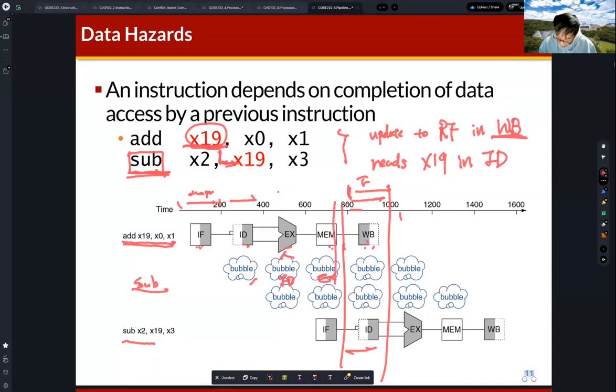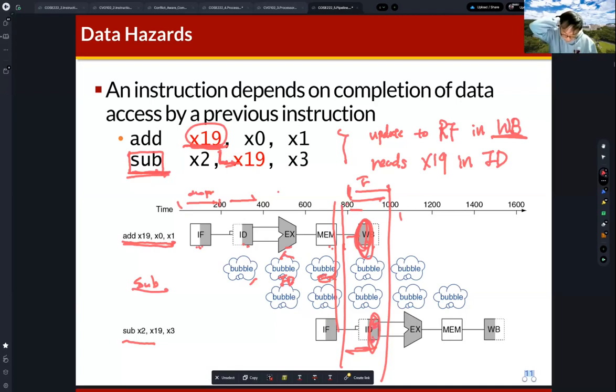So write back is updated here, and then the sub instruction can read the register file data in the ID stage, actually the later part of the ID stage.